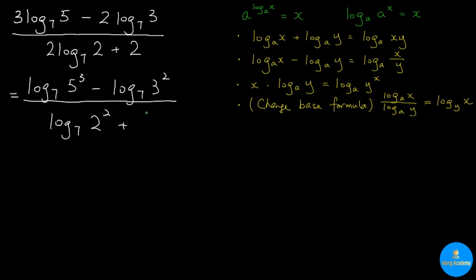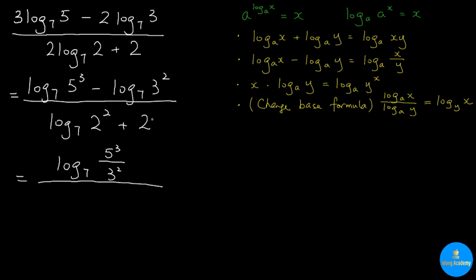Now, the numerator can be simplified by using the second identity, and so we get one single log in the numerator with 5 to the power 3 divided by 3 to the power 2 as the input. As for the denominator, we cannot just directly add the 2 to this term, so we have to do some trick.